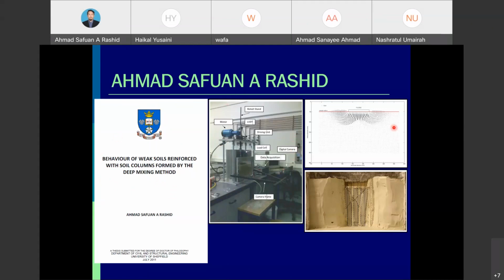Then I came up with a method to determine the failure mechanism of the foundations and also of the treated soil by deep mixing methods. So this is the dissection diagram of column failure patterns.